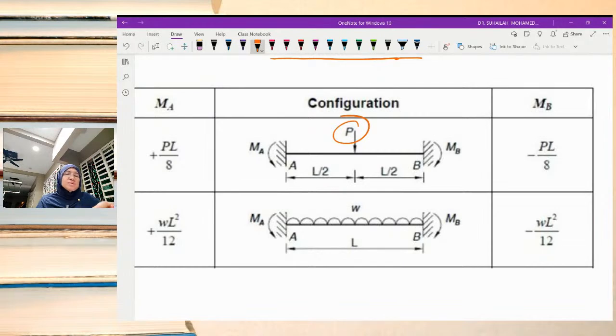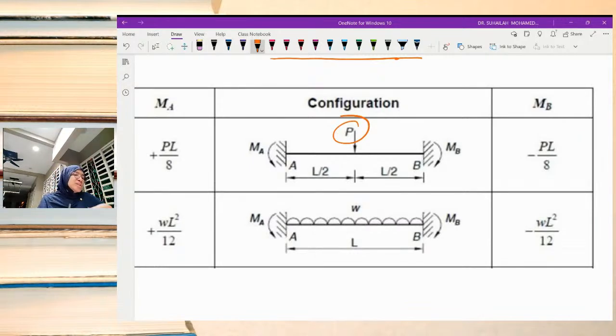Of course there is a formula when P is not subjected at the center, but we focus on this example where P is located at the center. So since we have to assume that both ends are fixed, there will be reaction at A, reaction at B. It is vertical reaction as well as moment.